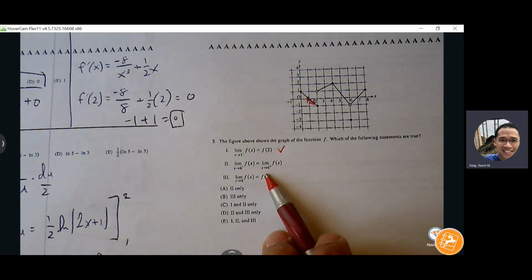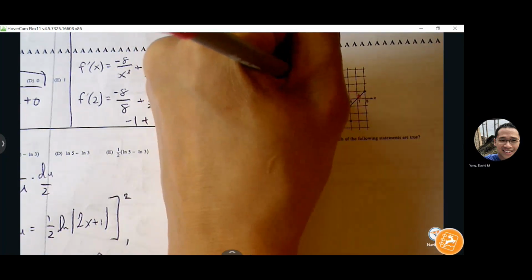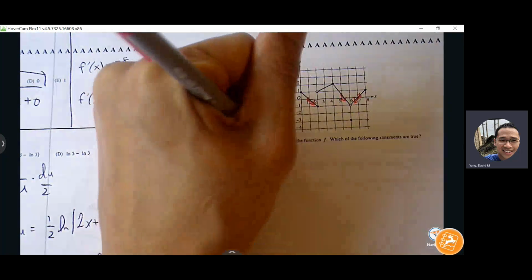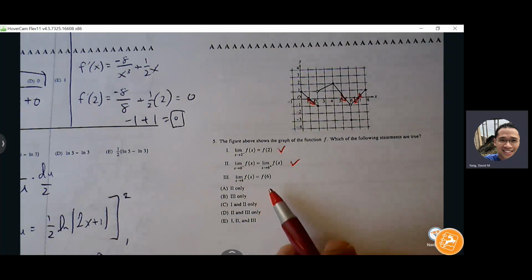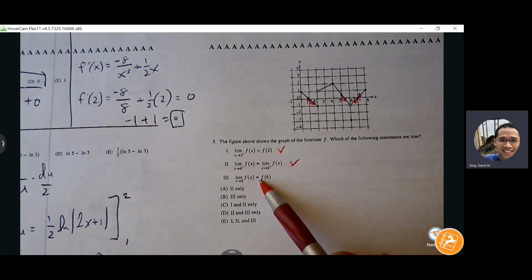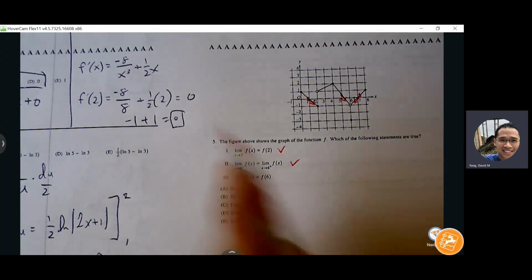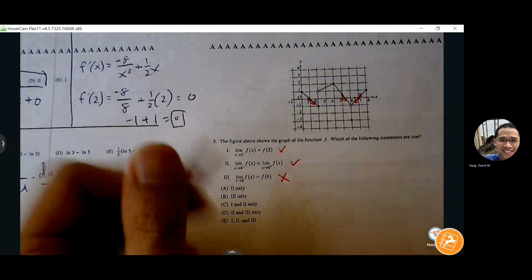Approaching 6 from the left and from the right. So pick points on either side of 6. Head towards 6. They're both headed towards the same y value. That's true. Limit exists there. Limit as x approaches 6 does not equal f of 6, though. So here the limit is approaching -1, but f of 6 is at -3. So this is not in agreement. So only 1 and 2.